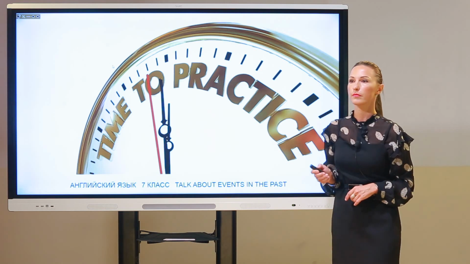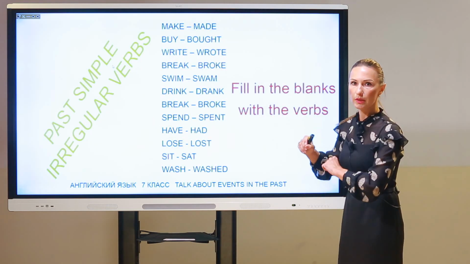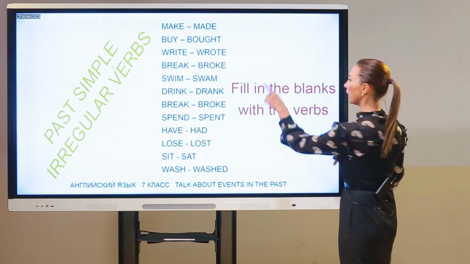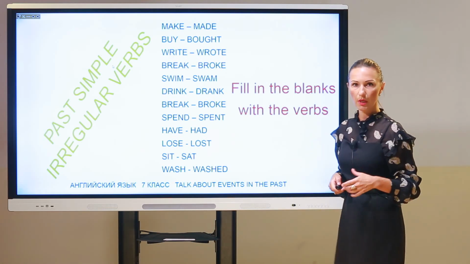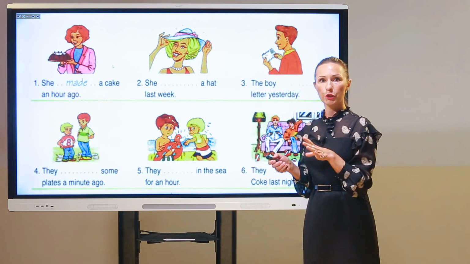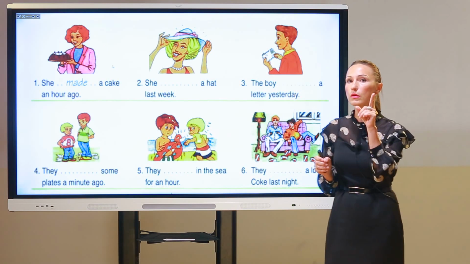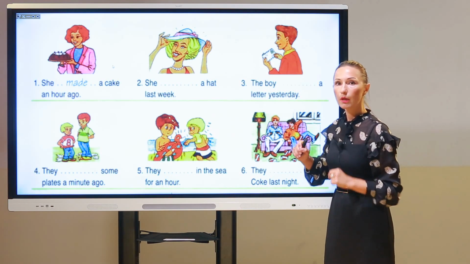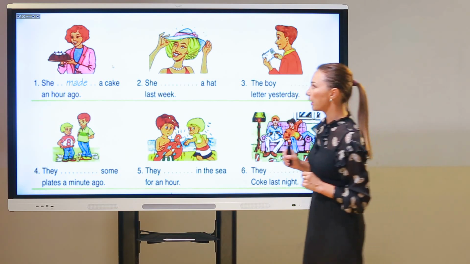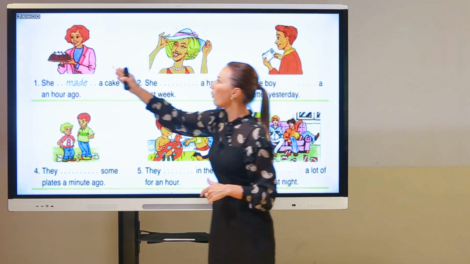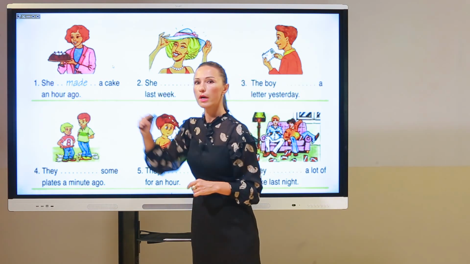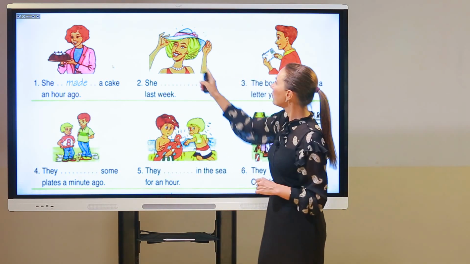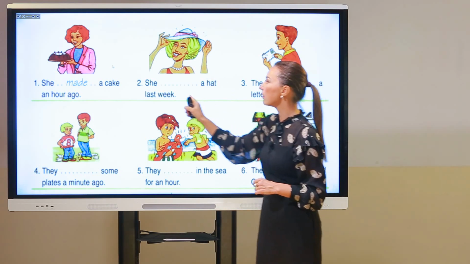And now it's time for practice. Are you ready? Good. This group of words, how do you use it? You have to fill in the blanks with these verbs. You have pictures and look at the time that we have in these pictures. For example, when did she make a cake? An hour ago. When did she buy a hat?